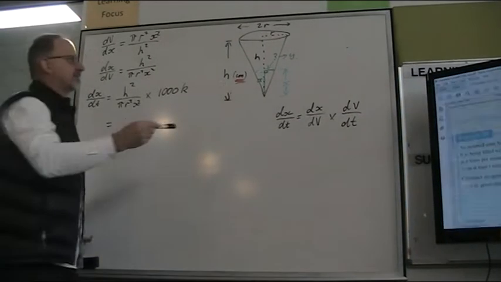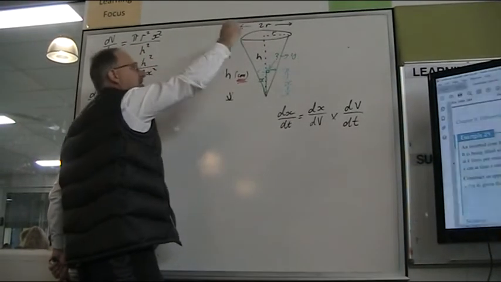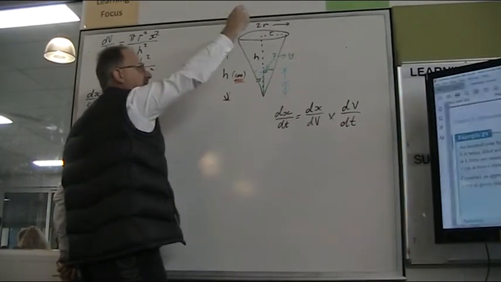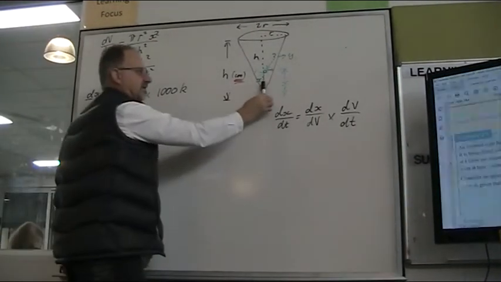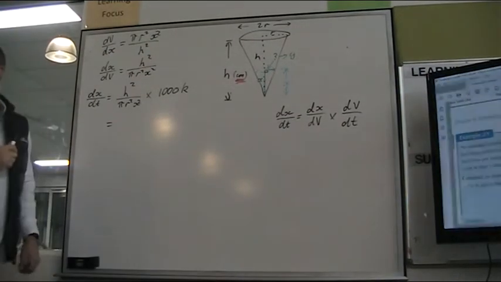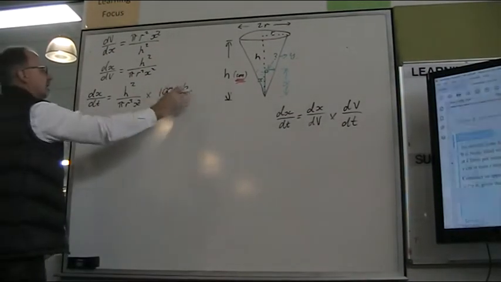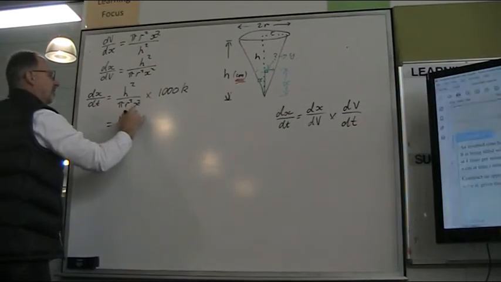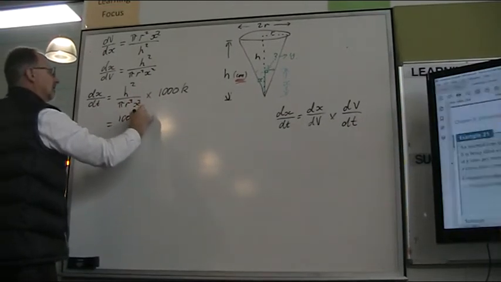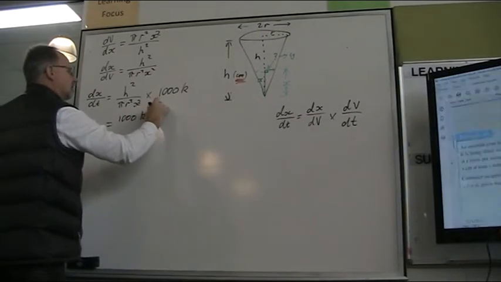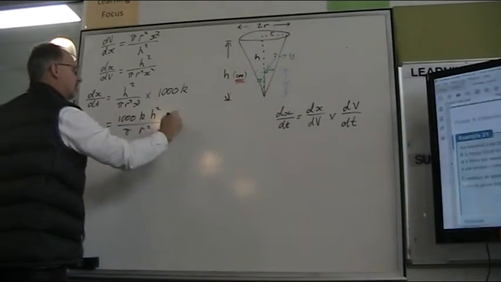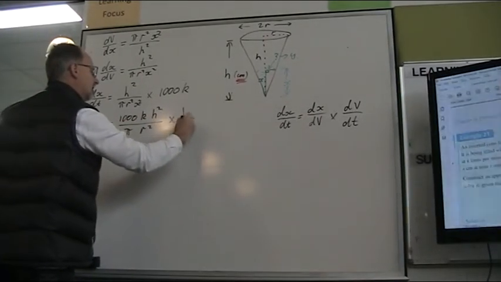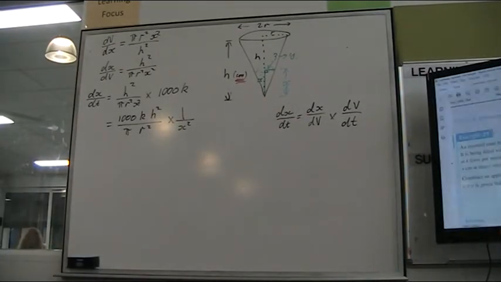So things that are fixed, remember this cone, the height of that cone is fixed. The radius of that cone is fixed. The bit that changes is the depth of the water inside it. All right, so if I put all the things that are fixed all together, 1000k, the h² is fixed, it's the height of the cone, the π is fixed, the r² is fixed. Times 1 on x².